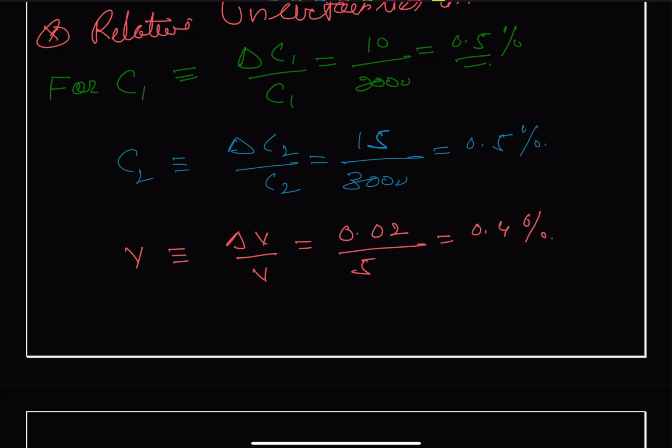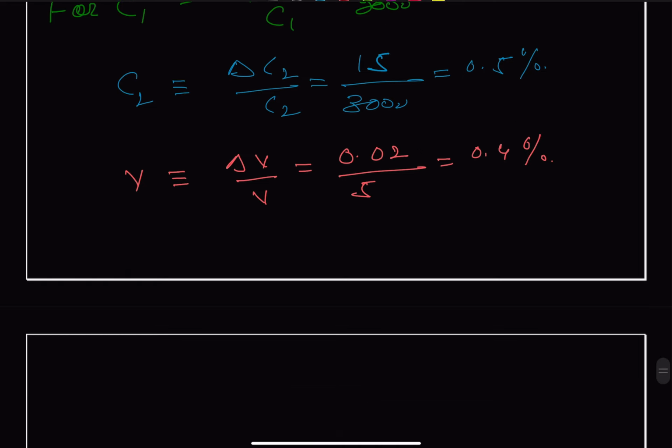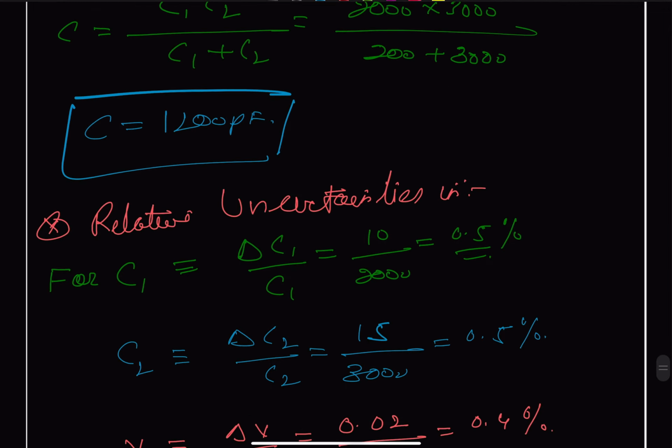And now we are going to find out in terms of C also, okay? Because for energy calculation we require both C as well as V, C equivalent rather, which we have denoted as C. So this is a C equivalent.